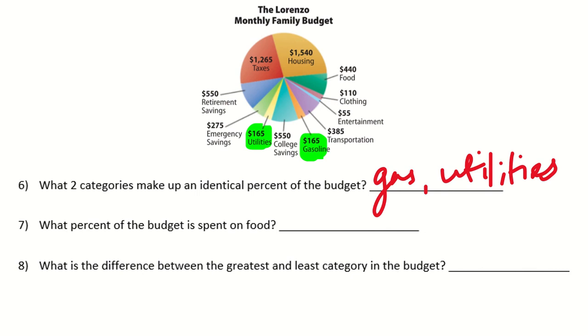All right, number 7. What percent of the budget is spent on food? Food is $440, but they're not asking for the money, they're asking for the percent.